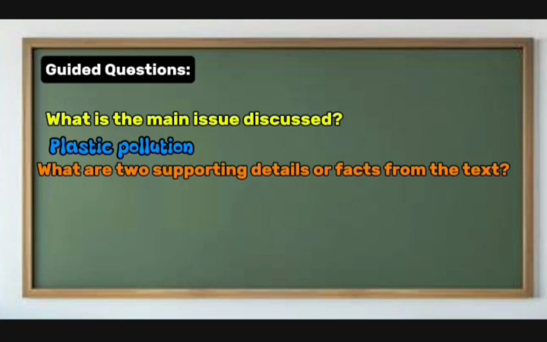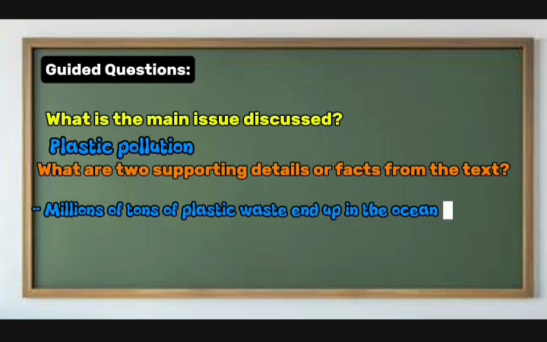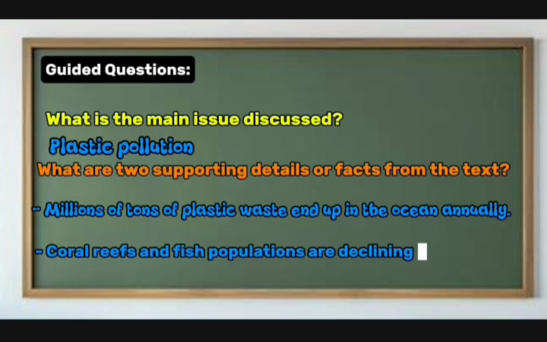Next, what are two supporting details or facts from the text? Precisely. First is the millions of tons of plastic waste that end up in the oceans annually. And the second is that coral reefs and fish populations are declining due to the presence of plastic debris.